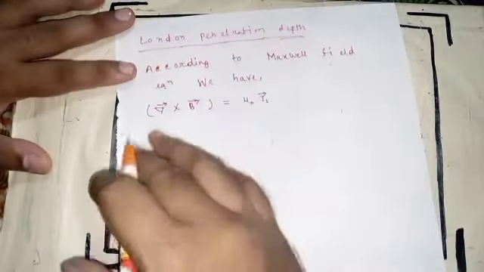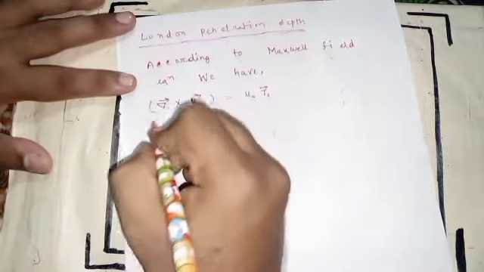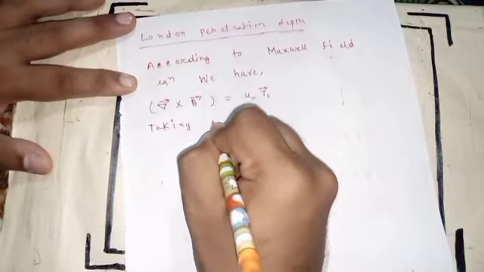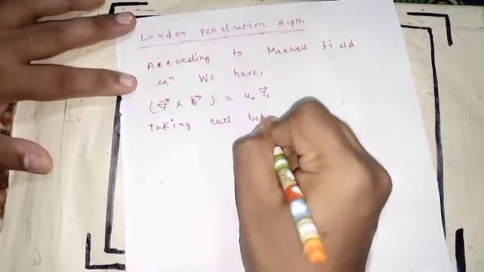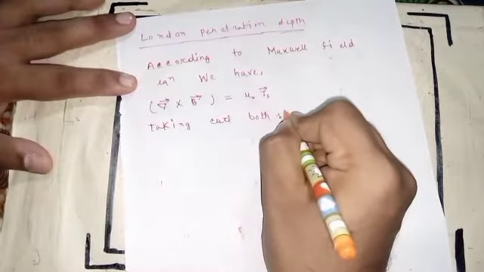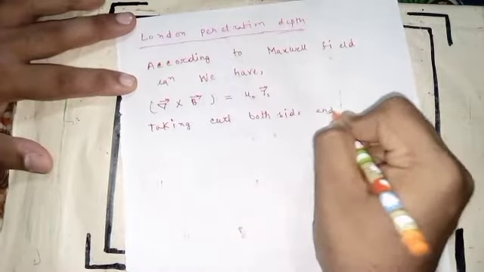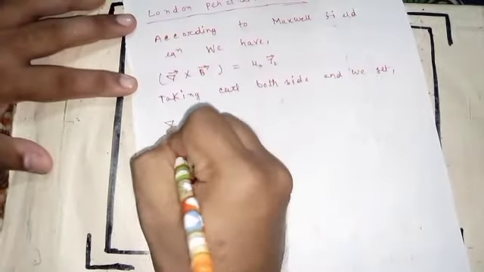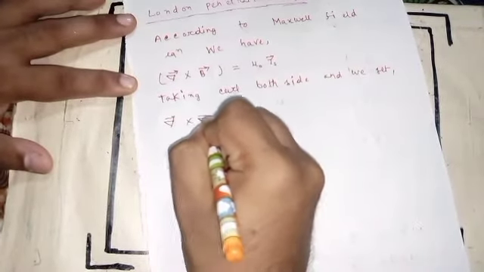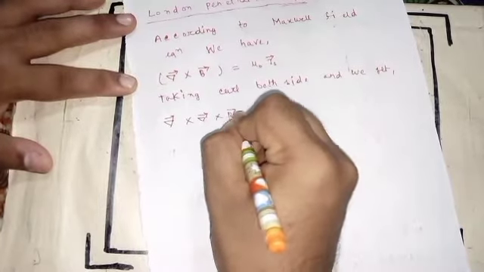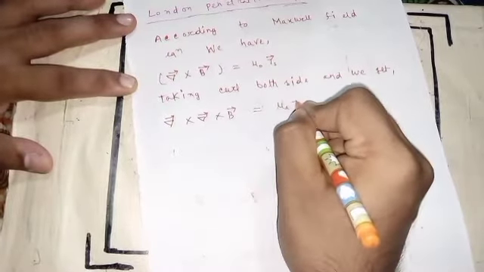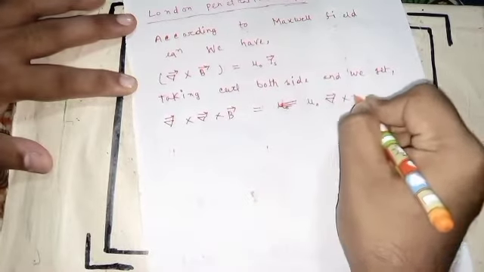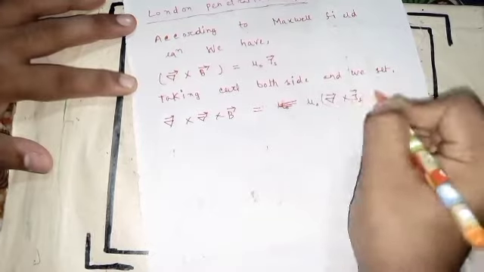Now simply we take curl on both sides, and we get mu naught curl of Js vector.